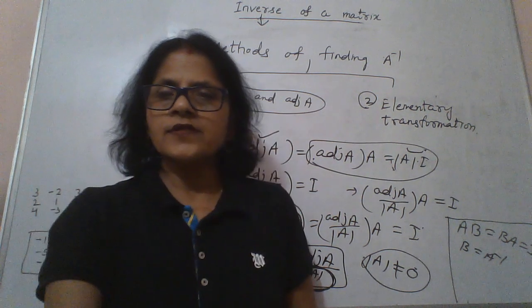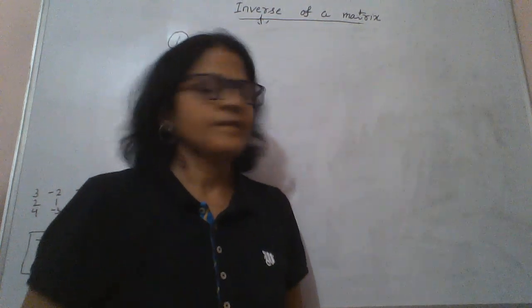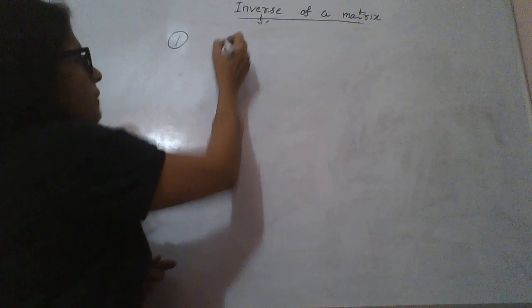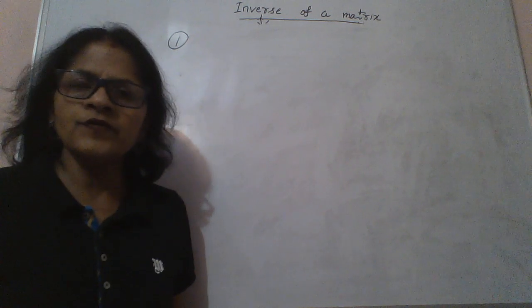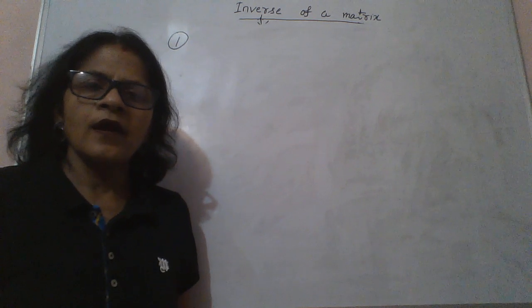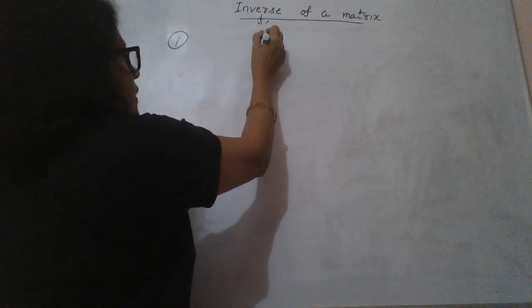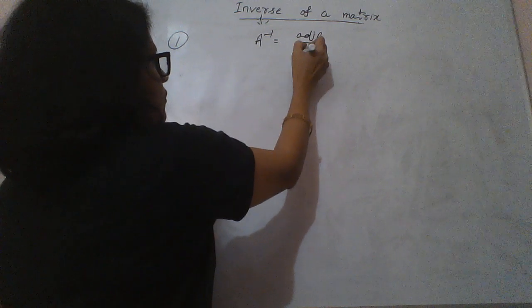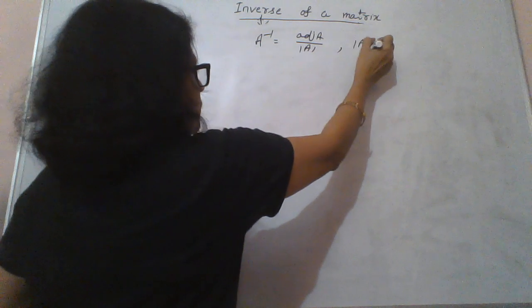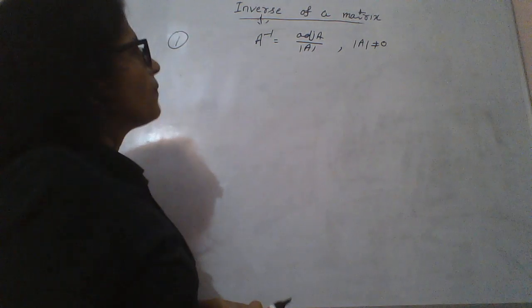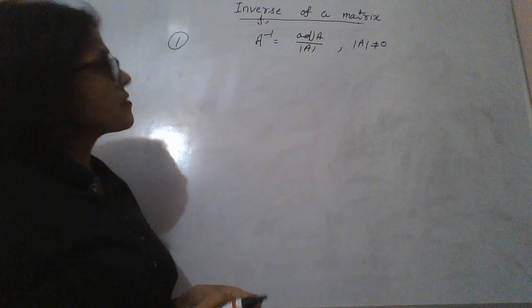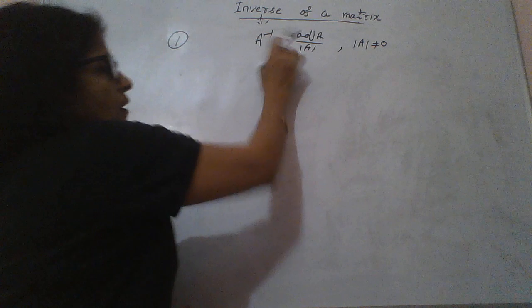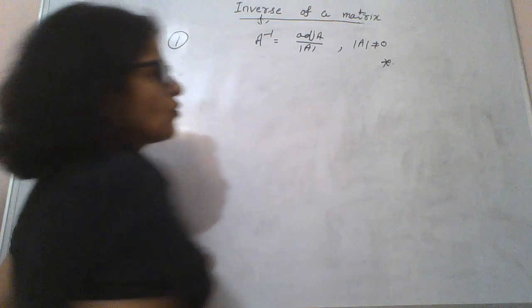Now coming back to our first method, the method of finding A inverse using determinant of A and adjoint of A. As we have just discussed, A inverse is adjoint of A by determinant of A, where determinant of A is not equal to 0. Only in the case of a square matrix with determinant of A not equal to 0 does A inverse exist. So we can note down the points.